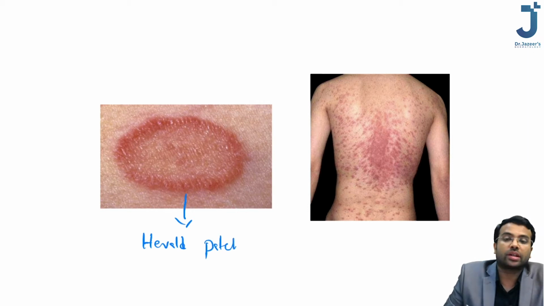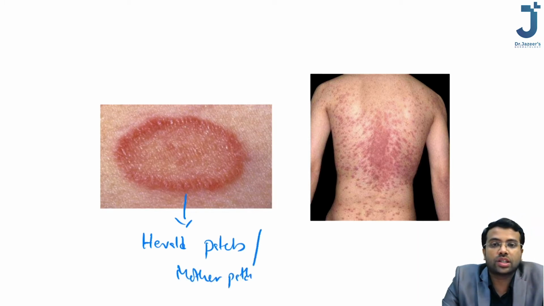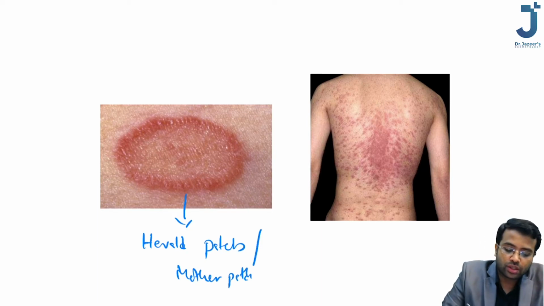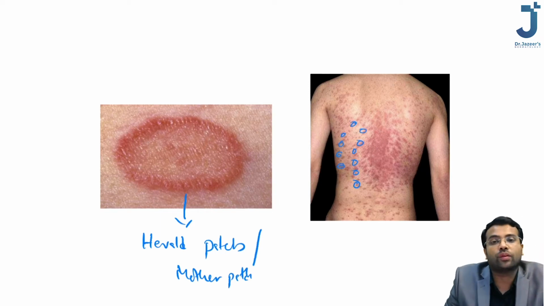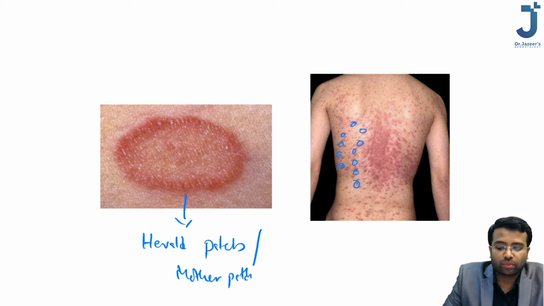Once the patient comes to you with such a lesion, what happens after a few days time? Within a few days, multiple eruptions of smaller lesions would start appearing over the skin. These multiple eruptions take the shape of a Christmas tree.